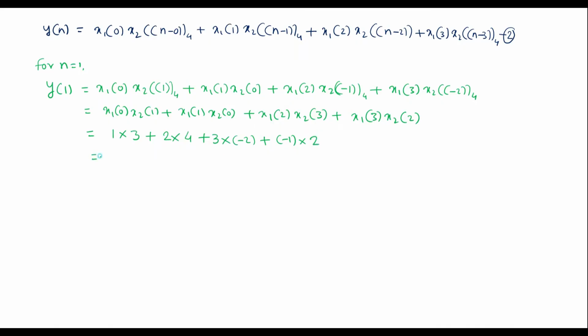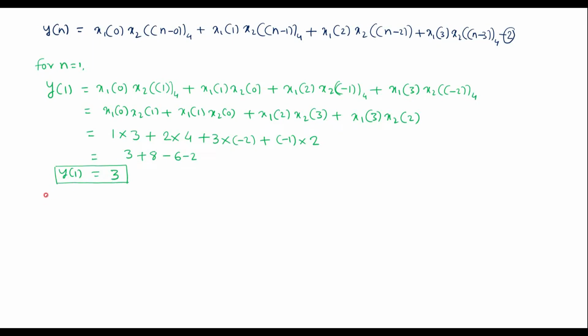So simplifying this further, I can write 3 plus 8 minus 6 minus 2. Solving this we get 11 minus 6, 5, 5 minus 2 is 3. That is y of 1 value is 3.